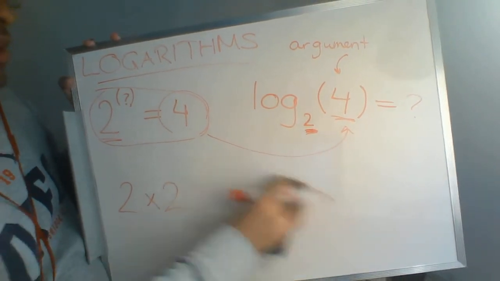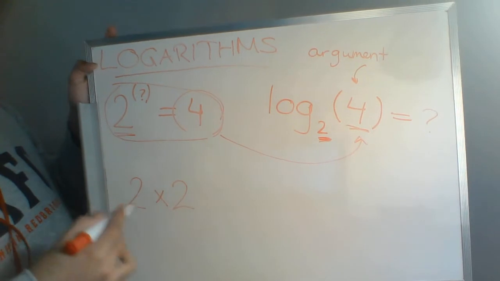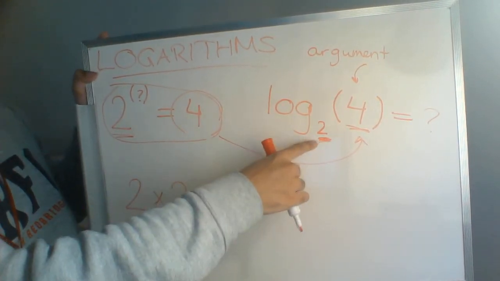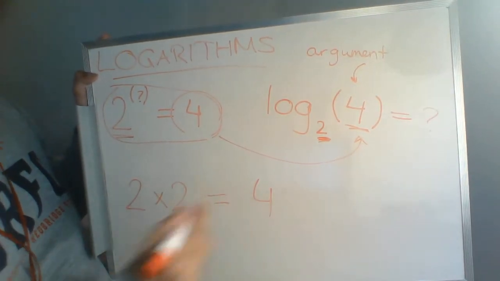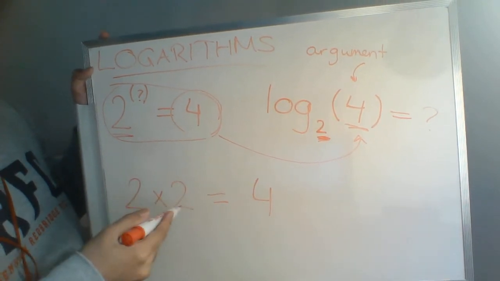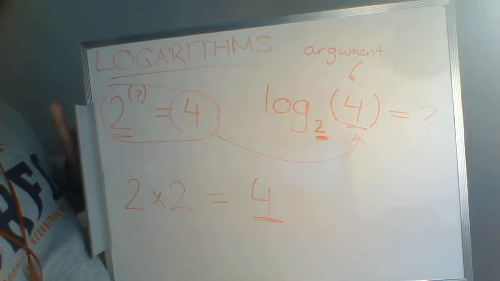So for now, assuming those two numbers are different from each other, start off by just multiplying 2 of them together and see what you get. Your base is 2, so we'll do 2 times 2, and we get 4. This is a fairly simple example, so right off the bat, we've got our answer. Our target answer was 4, and we've got that.